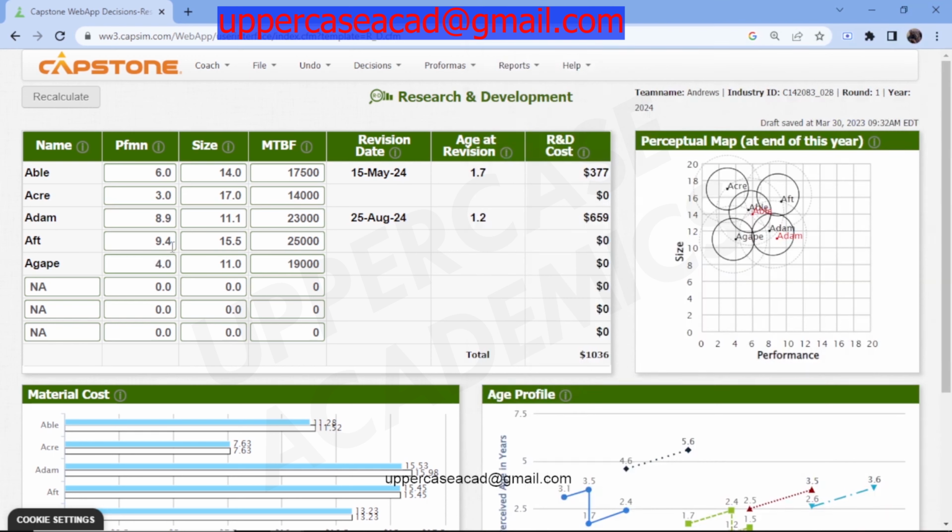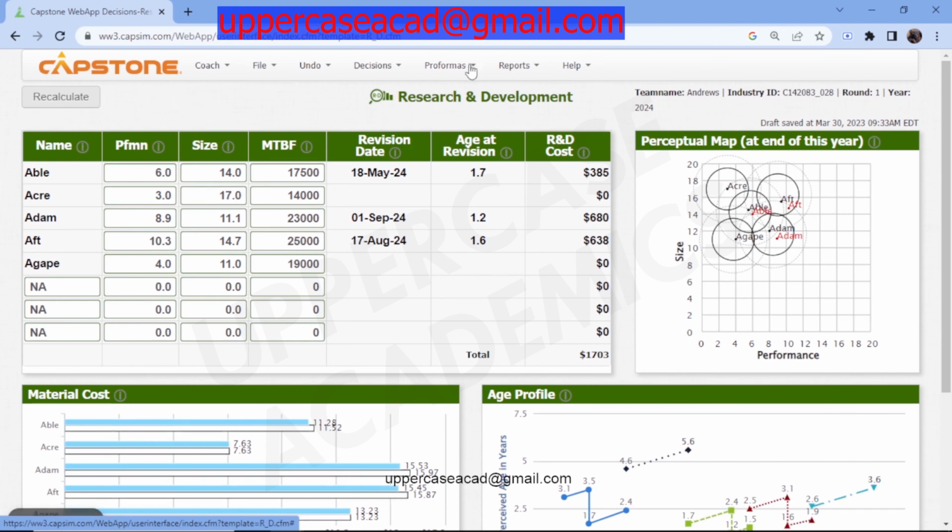So here let me just give it 10.3 and a size of 14.7. You realize that I'm not changing the mean time before failure of my product.